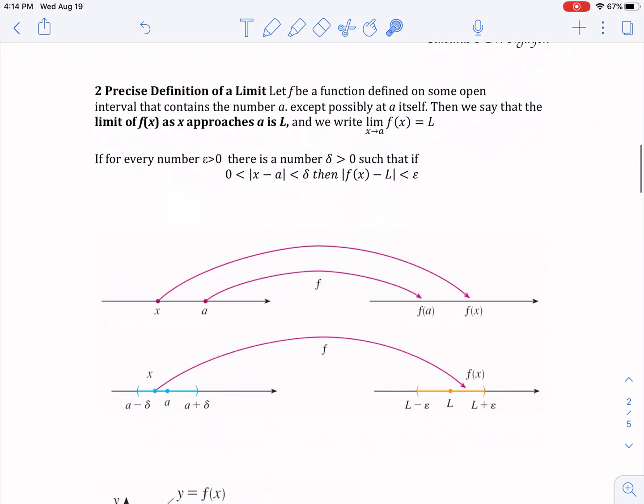So this is the precise definition of limit, and this is how we set up the problems. For every positive epsilon, there is a number delta greater than 0, such that if 0 is less than |x minus a| less than delta, then the absolute value of f of x minus the limit is going to be less than epsilon.